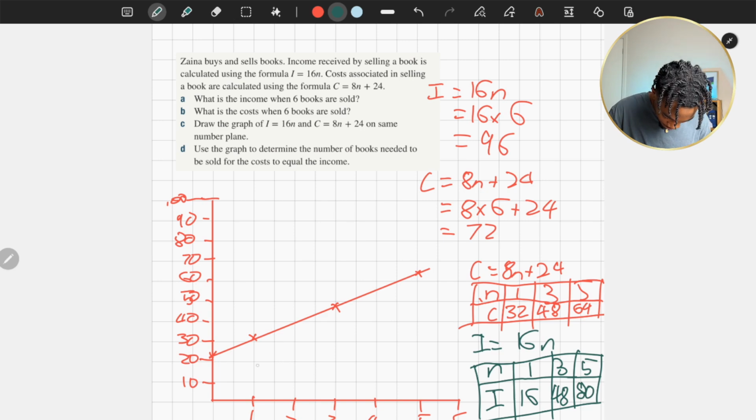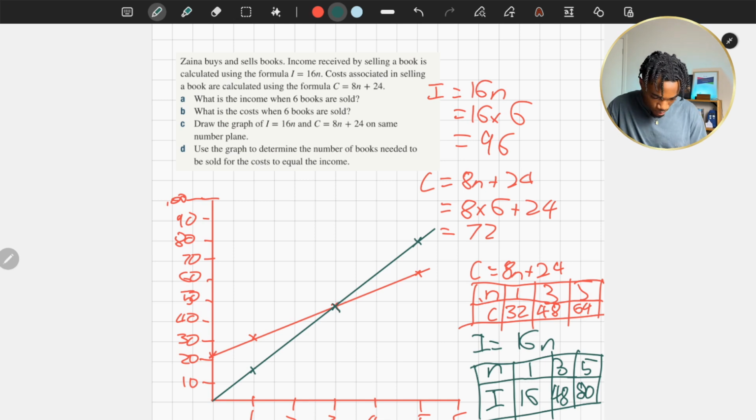So 1 and 16, 3 and 48, and 5 and 80. It obviously starts from 0 because there's no y-intercept. Drawing this out gives me this. Now use the graph to determine the number of books needed to be sold for the cost to equal income, and that is, drawing a line down here, 3.